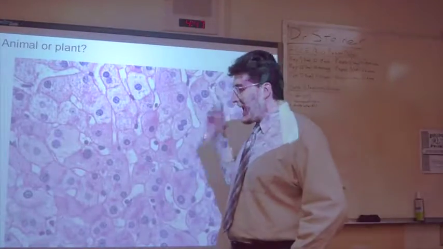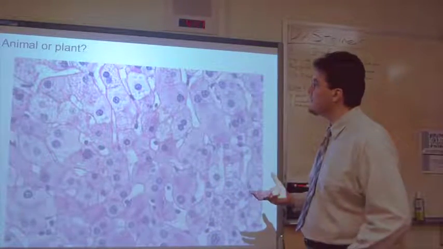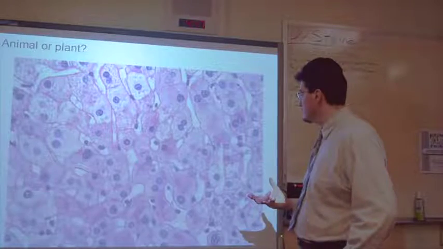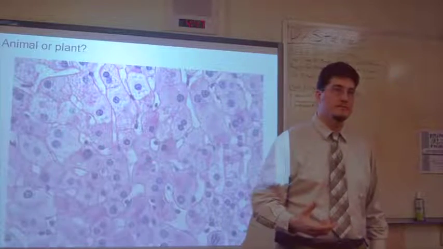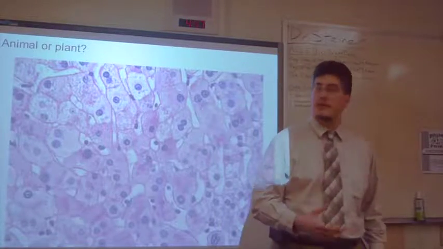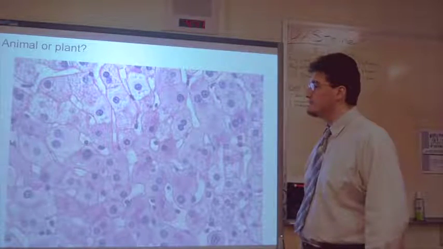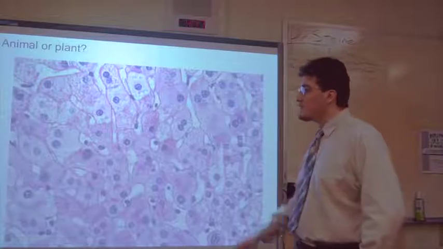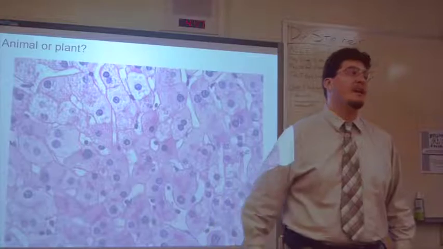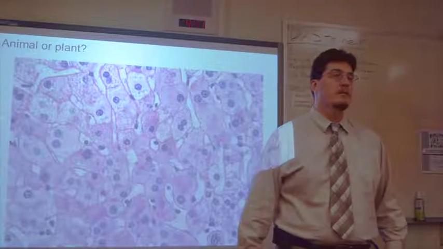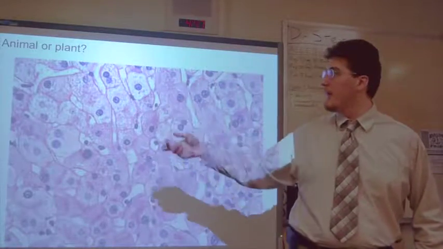So these are animal cells. You can tell that they are animal cells not by any observable feature. There is no observable feature here that tells you these are animal cells. So here, what would you expect to find that would indicate that these are animal cells?